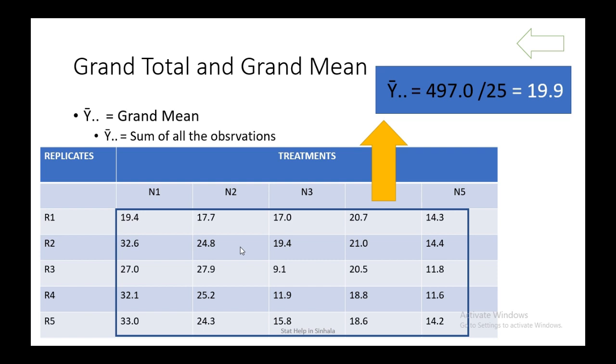In here we can take the total of all the observations that should be divided by the number of all the observations. So this is the total and that should be divided by 25. So this is the grand mean, that can be written as y dot dot bar.